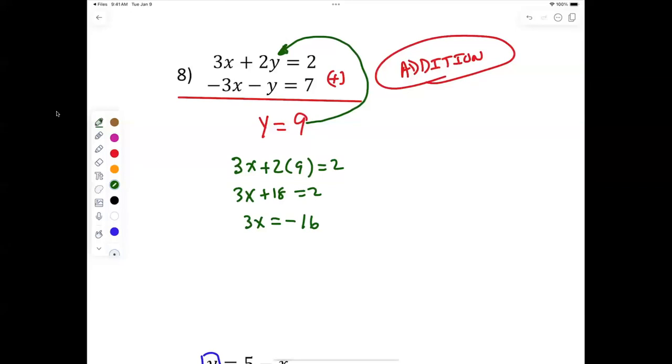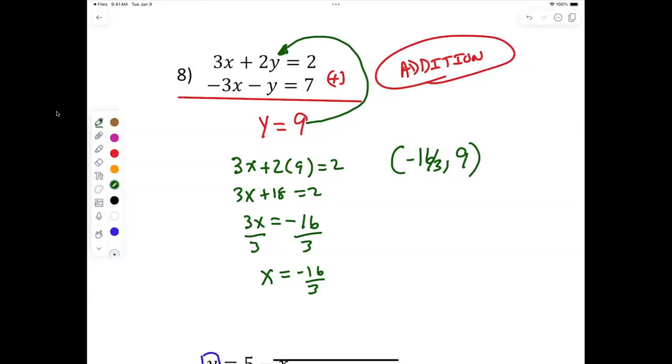And so now I might have made a mistake because I get a fraction. So I double check my work. -16 thirds is what I got. So I'm checking my work, cancels, 1y, 9. Nope, I think I'm right. So my answer is -16 thirds, comma, 9.